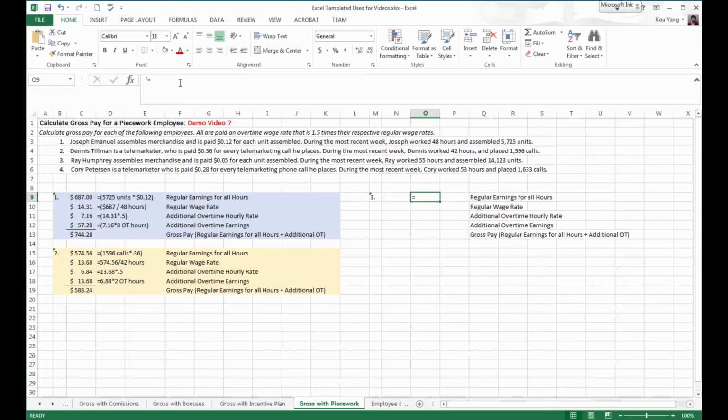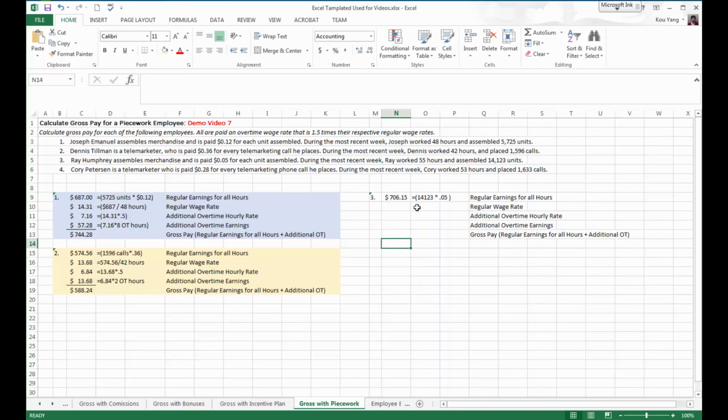Okay, it looks like I have more information. So basically I'm going to take 14,123 units multiplied by the 0.05, or 5 cents for each unit, for a total of $706.15 for regular earnings.